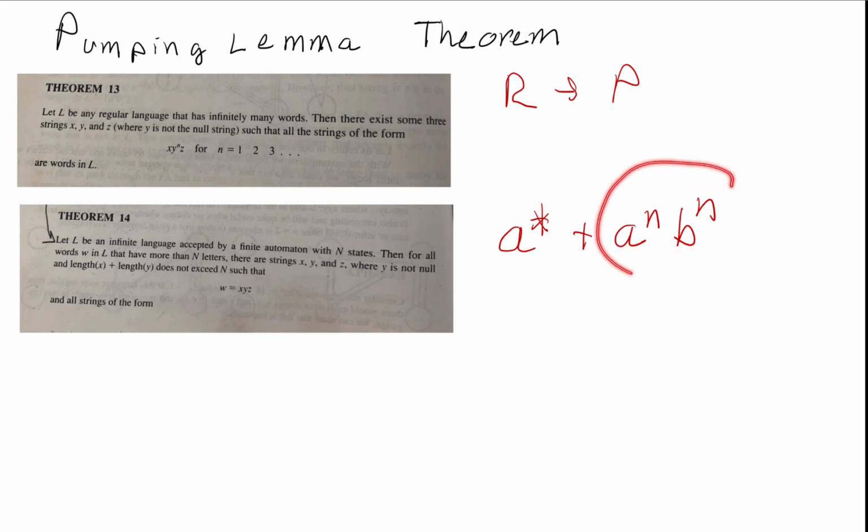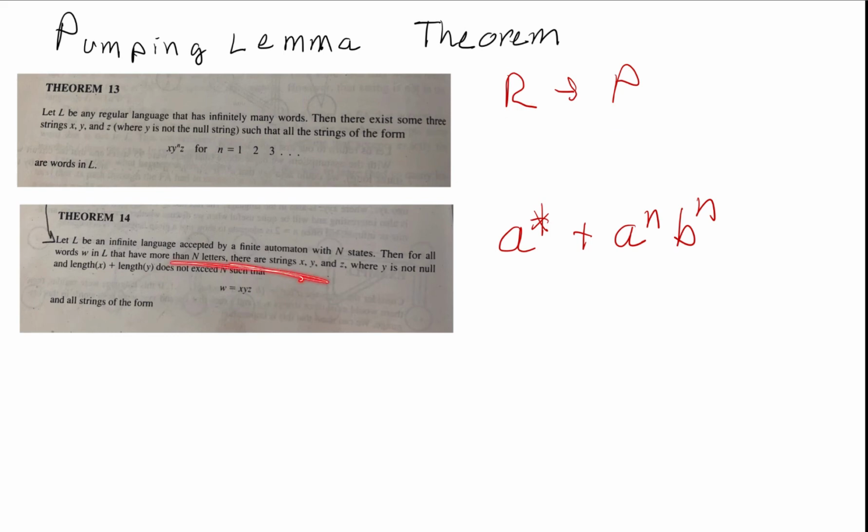Now we know this is not regular, but this part is. And we can actually pump any word from this part, but we can't pump words from that part. So if we can pump a word, which is what the weaker version says, we can't use it to prove that a language is not regular.